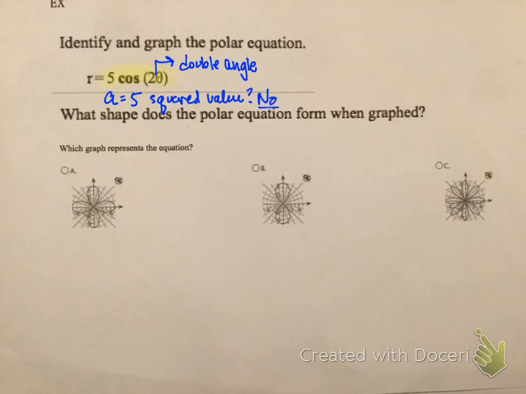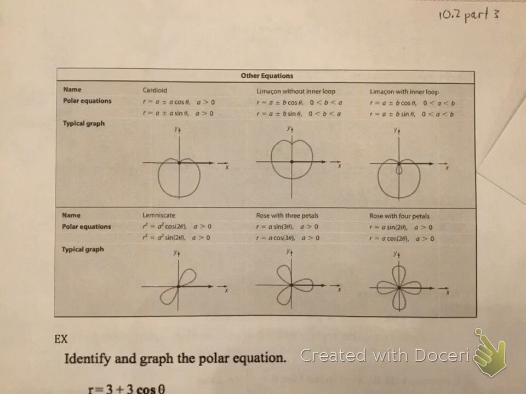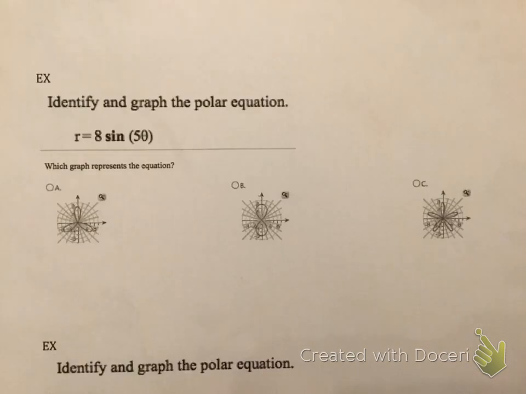So if that's the case, then the answer to this can only be A, because if we look at B and C, those don't match up with what we're given. Okay, so there's the graph again. So let's look at the next example. Identify and graph the polar equation. 8 is not a squared value, and neither is R. R is not squared as well.